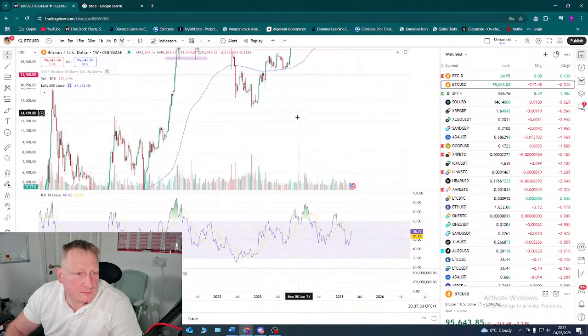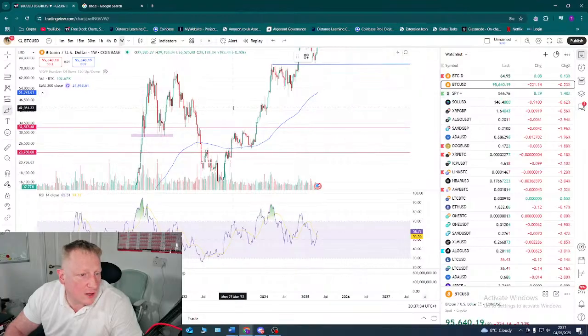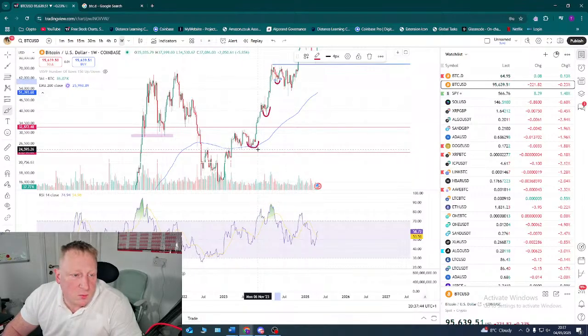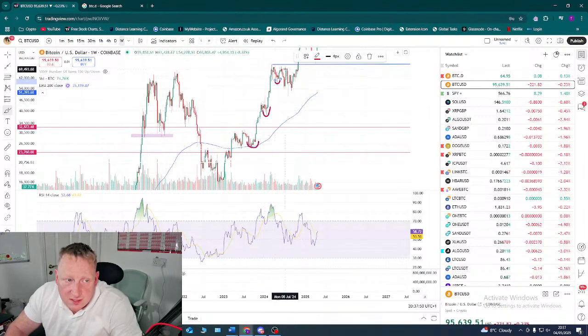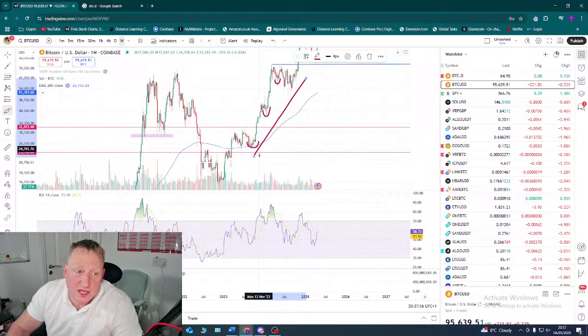Hang on a sec. If I draw it, it might help actually. So you've got this bottom here, and then another bottom, then another bottom. What you've got there are what they call higher lows, because this is a low, then it comes down and makes another low, but each one is higher. So that's your price action, making higher lows.